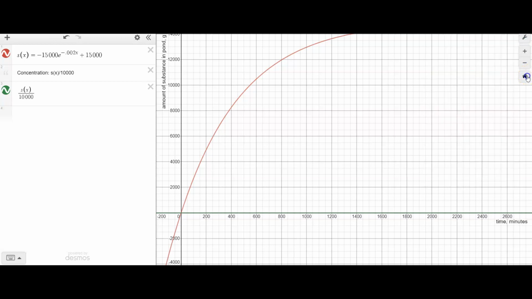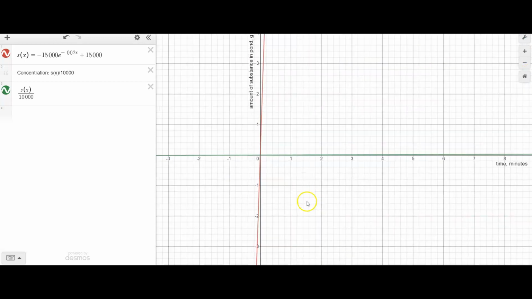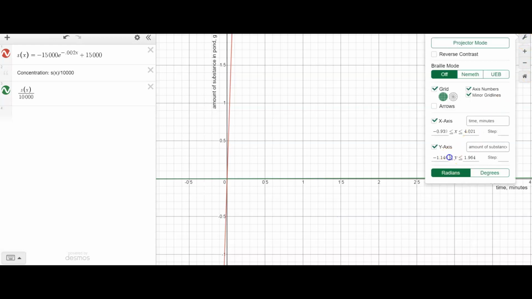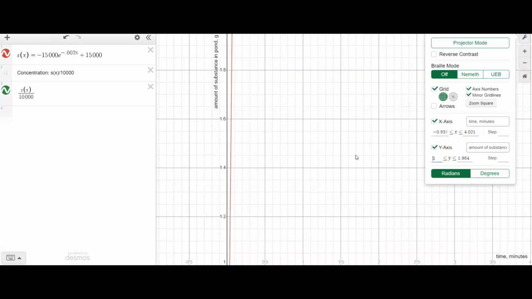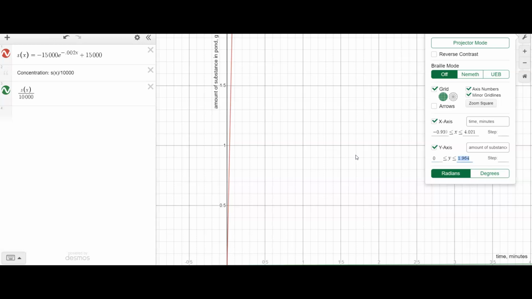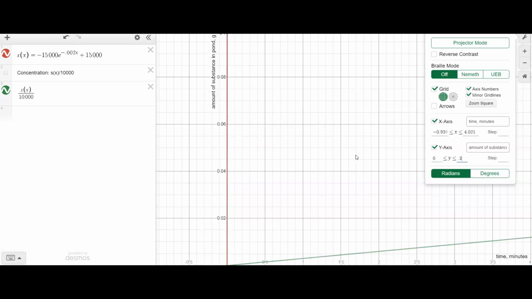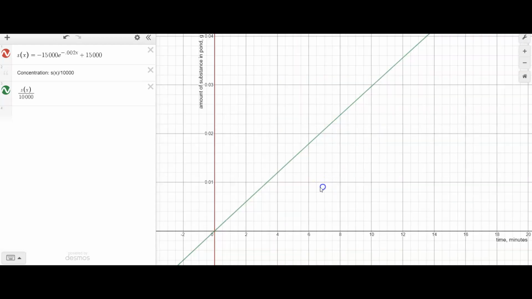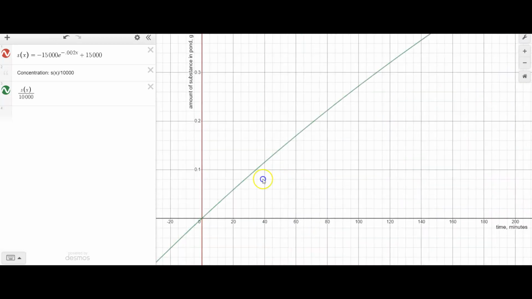But let me zoom back into the standard zoom, and you can see the concentration is actually really low. So let me change my y-axis from something like 0 to, I'll start off with 0.1, and that looks a little too flat. Let me go 0.01. All right, well now we're getting somewhere. And I can start to slowly zoom out and see what that's going to look like.